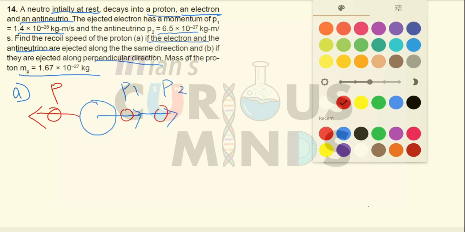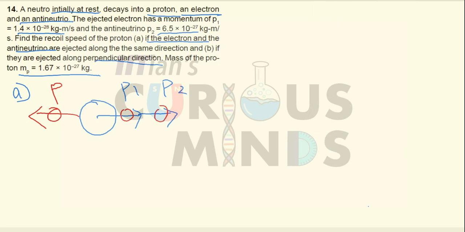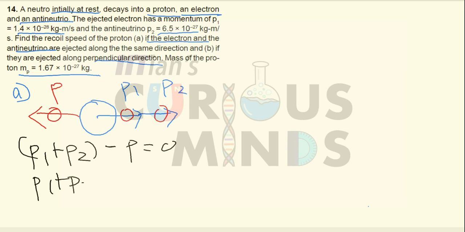Now the momentum before the explosion will be equal to the momentum after the explosion. Momentum before the explosion was 0, so p1 plus p2 minus p should be equal to 0, or p1 plus p2 should be equal to p, the momentum of the proton.